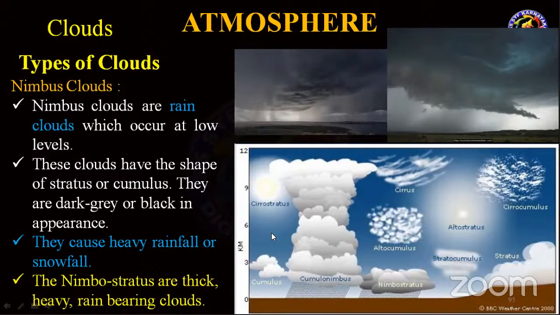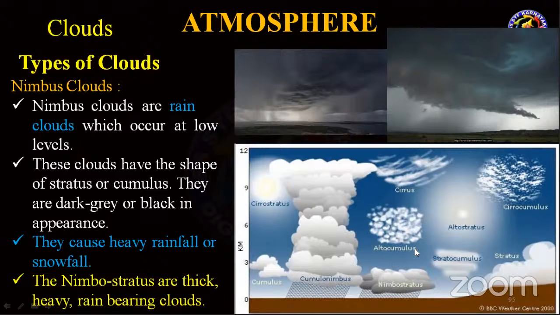Listen carefully here. There are other types of clouds also, but in your textbook they have mentioned only four. Regarding the other types of clouds, you will study them in higher standards, in PUC or maybe in degree. You take food according to your ability; if you take excess, it may create trouble.